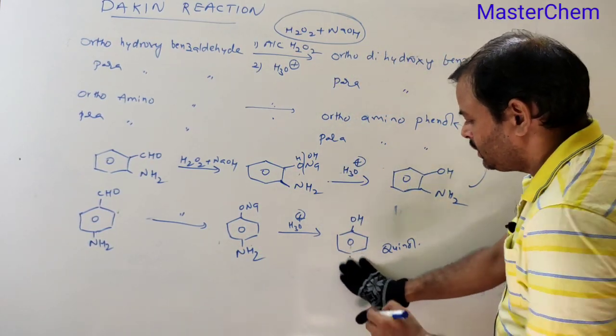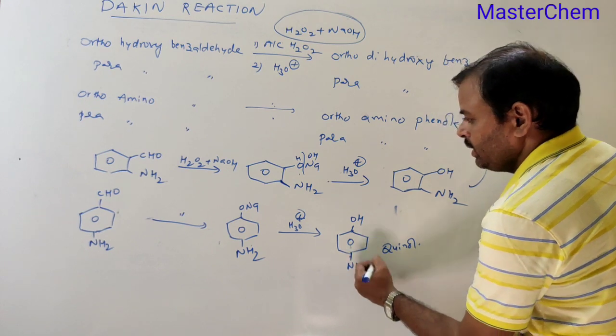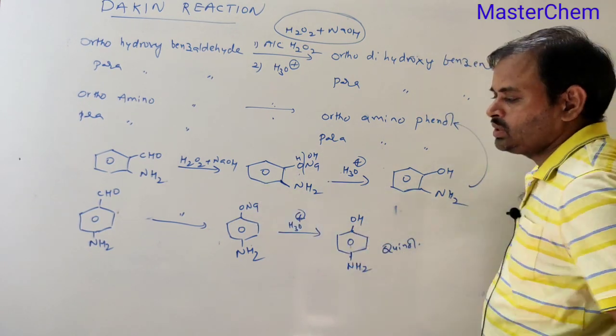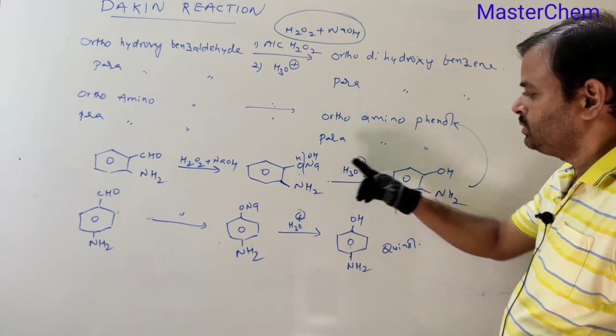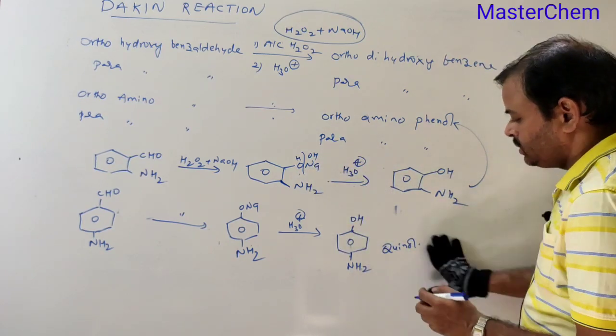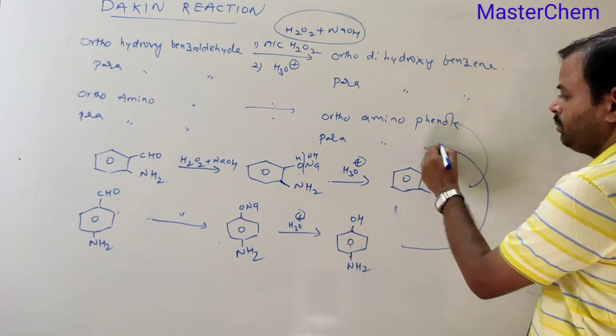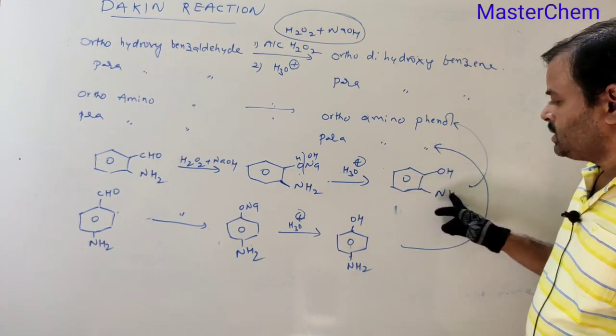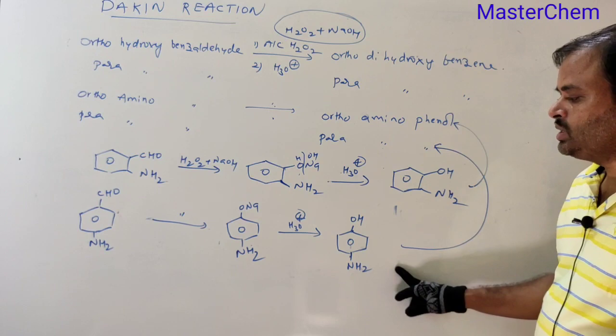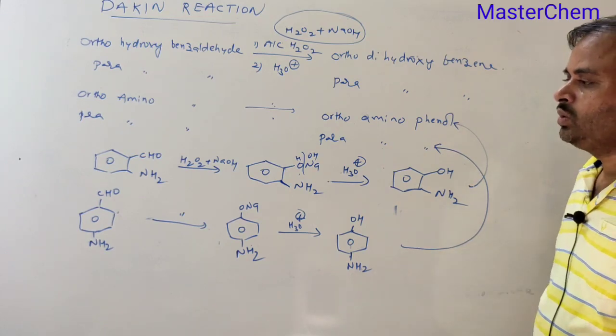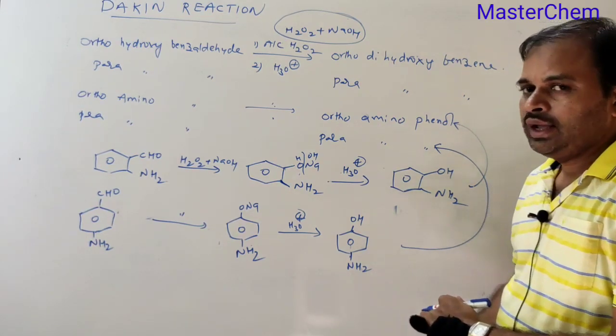On hydrolysis, the ONa converts into OH in a similar manner. So this is para-aminophenol. This is ortho-aminophenol and this one is para-aminophenol. So this is the Dakin reaction.